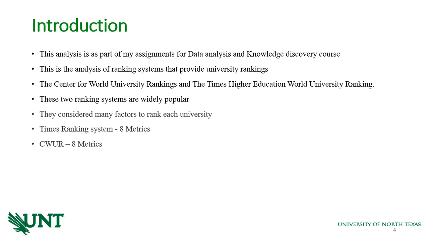These two ranking systems are widely popular, and they consider many factors while ranking each university. I'll explain all the factors, and I'm going to analyze some of them and how much they influence the overall rank of each university. The Times ranking system considered almost 8 metrics and the CWUR ranking system considered 8 metrics to rank each university.